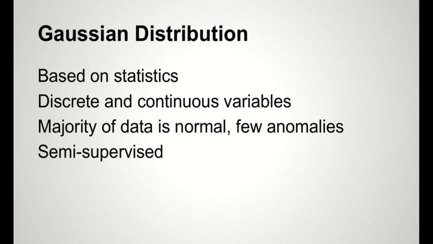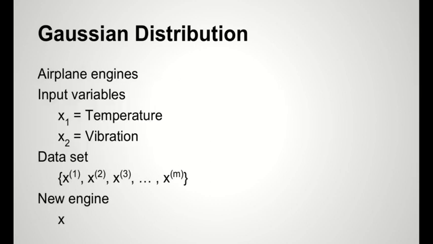Let's say we are manufacturers of airplane engines, and we have data about these engines' temperature and vibration, and we have a set of observations or events, which will be named x1, x2, and so on until xm, where m is the size of our sample.